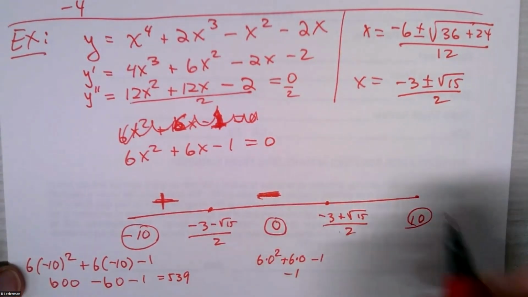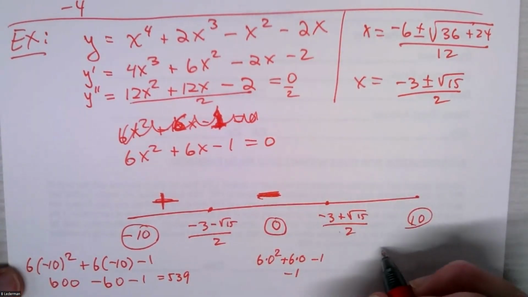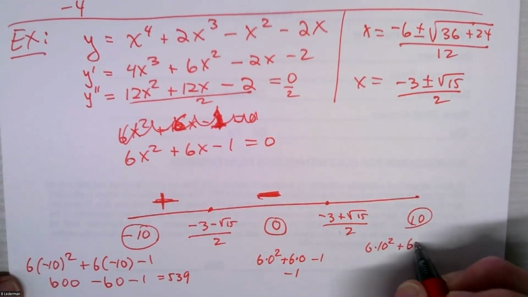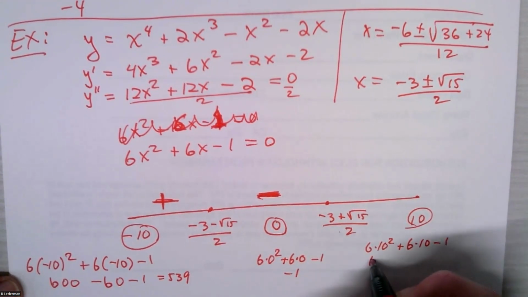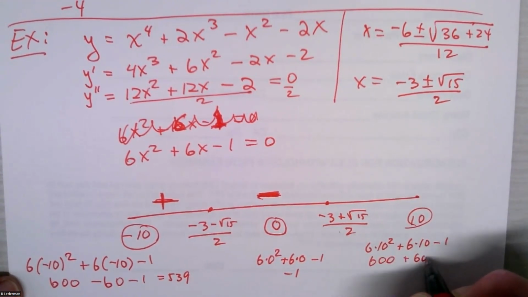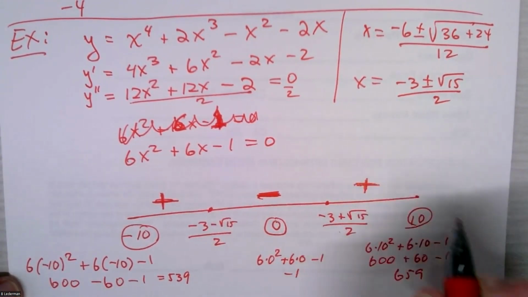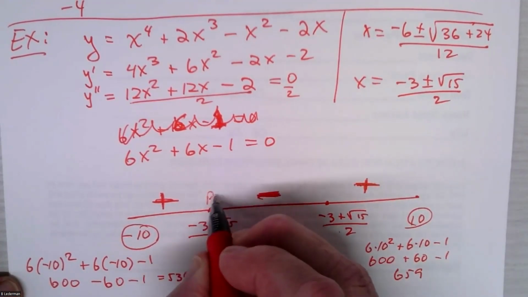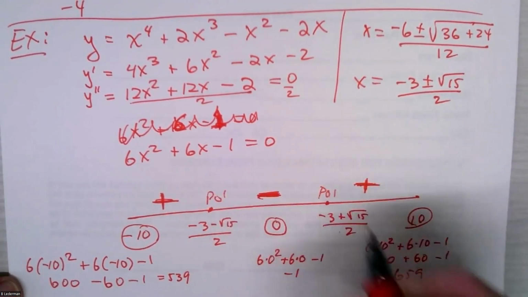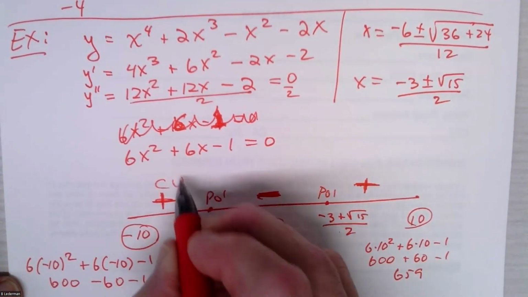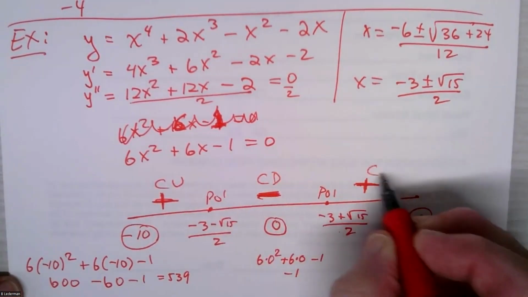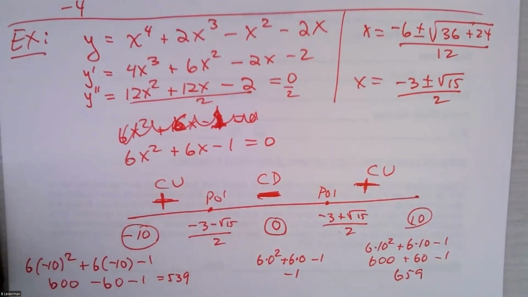And if I plug in 10, I get 6 times 10 squared plus 6 times 10 minus 1, which is 600 plus 60 minus 1, which is 659, a nice positive number. So this is my POI, that's my POI. And this is concave up, concave down, concave up. And that's what we saw on the graph.